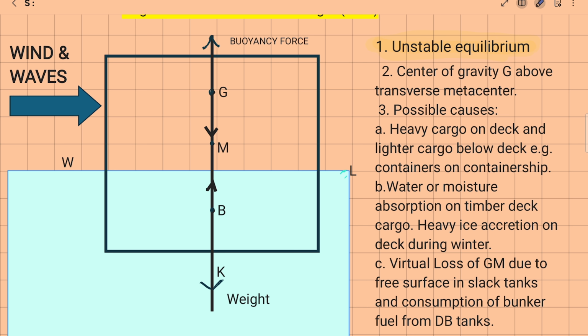So now let's see, suppose for some reason the situation has come where the ship's center of gravity is above the metacenter. First of all, during loading, even at berth, we should get an idea. We will come to know the vessel is behaving in an abnormal manner as she is just flopping from one side to the other side.